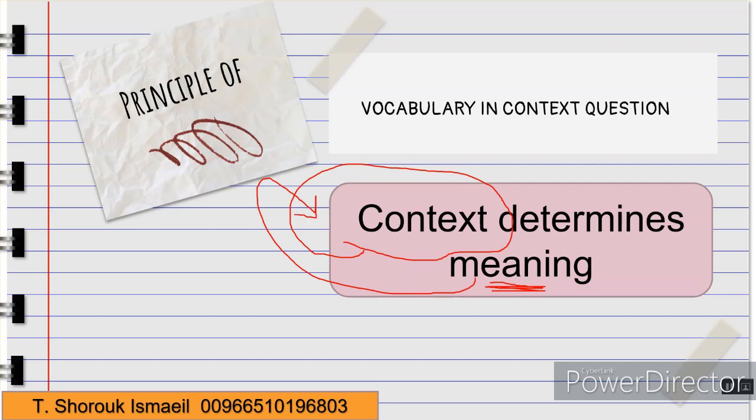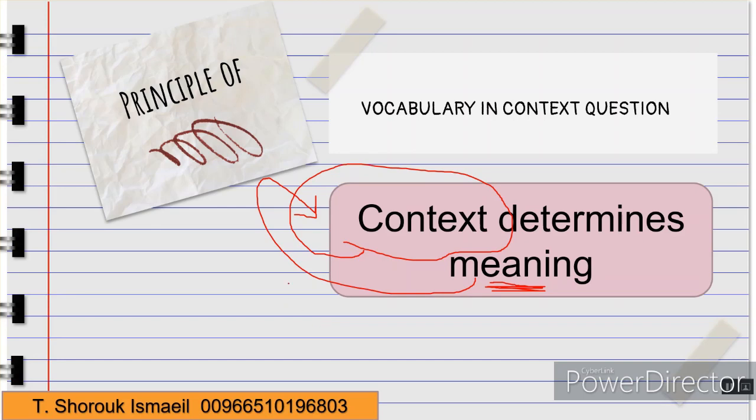It's not going to be based on your previous study. So don't depend on your previous study to choose the meaning of the word. Why? Because College Board is not going to ask you about a meaning that you used to study before.